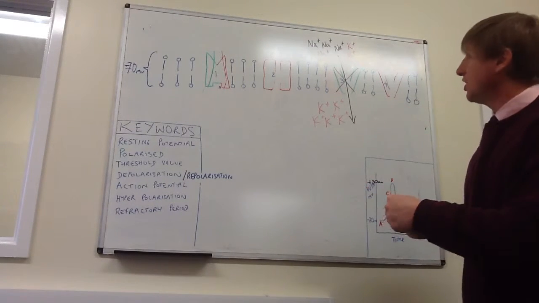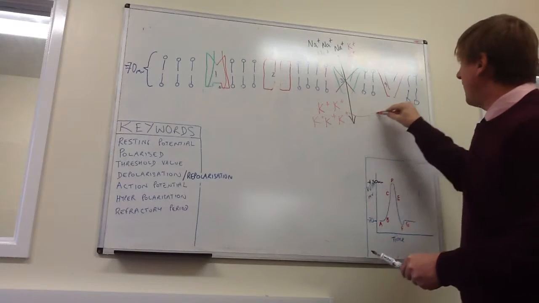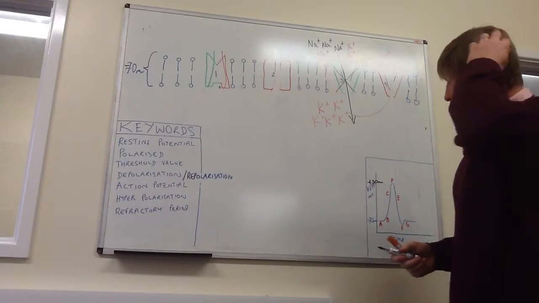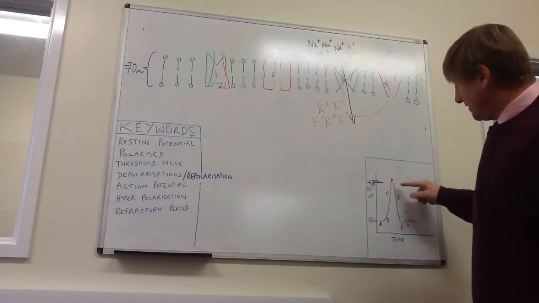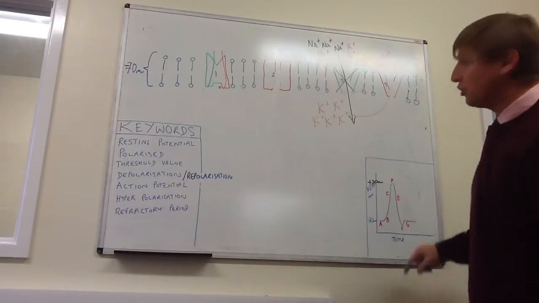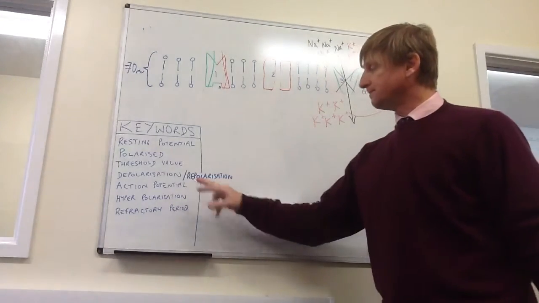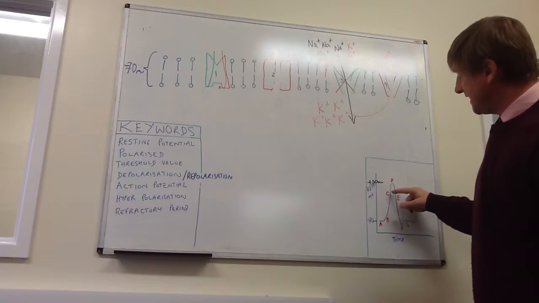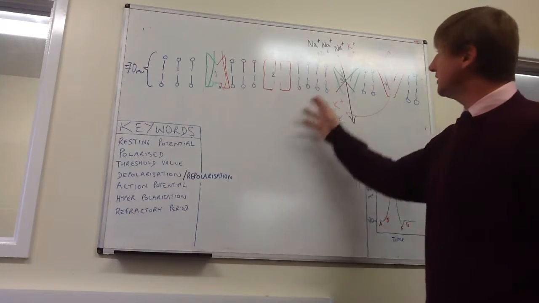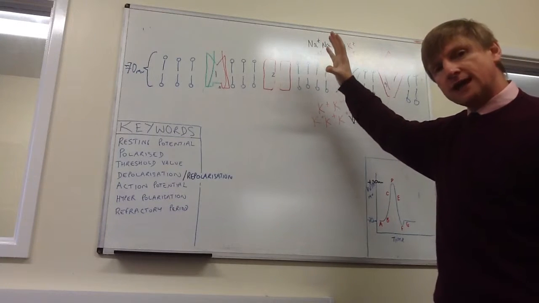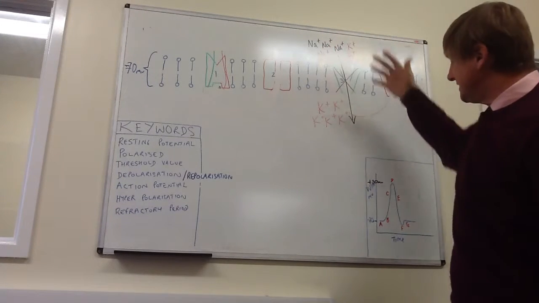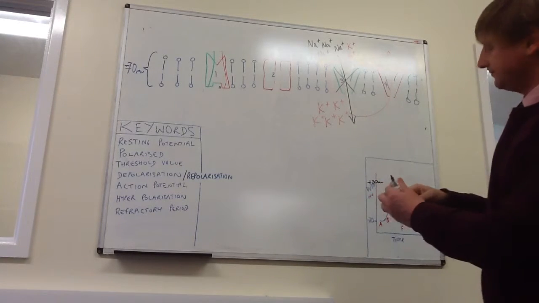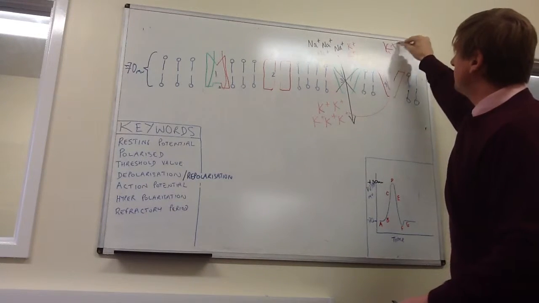And potassium now can flood out down its concentration gradient and an electrochemical gradient, and we see this point here, and we call this repolarization. The sodium ions flooding in from B to D here is depolarization, because the membrane was polarized at resting potential, and now it's been depolarized, and now when the potassium ions rush out here, we have repolarization.